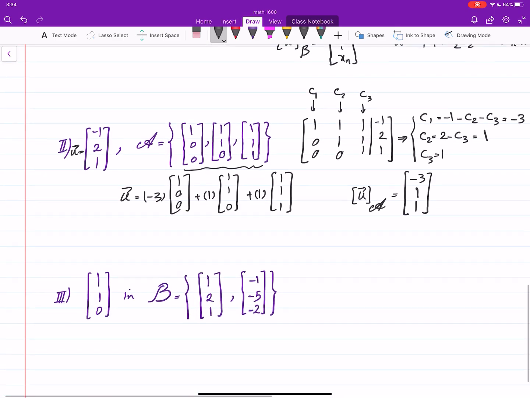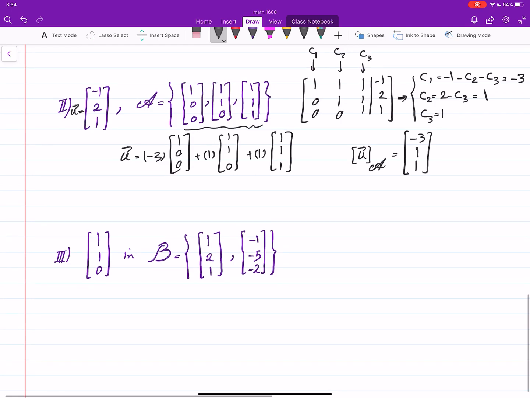Let's do one more example. Here I have 1 1 0 and the basis is 1 2 1 and negative 1 negative 5 negative 2. So we need to check how this vector can be written as a linear combination of these two.